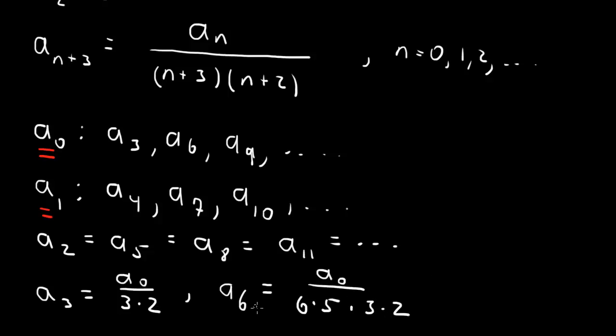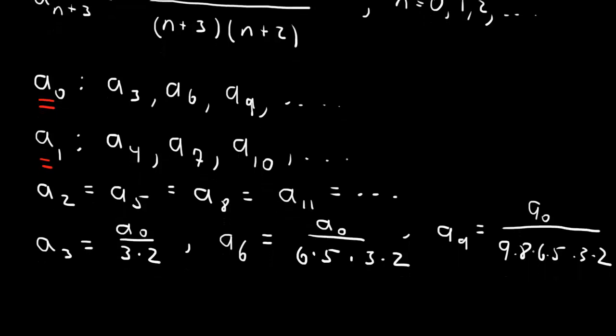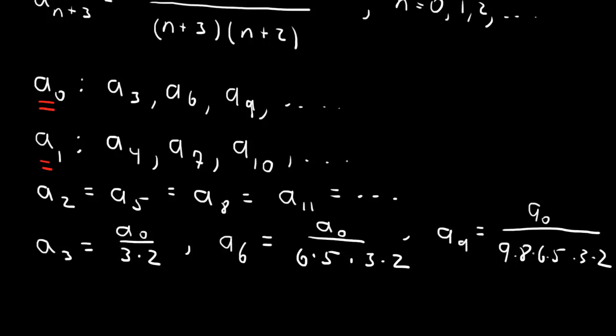And if we get one more, it would be a9, a0 over 9, 8, 6, 5, 3, 2. So that's the first sequence. That one starts with a0.